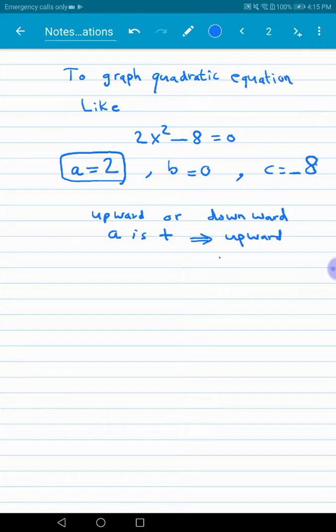So the graph will take this shape, and this is the vertex. But we need to find the graph on the xy coordinates. So first find the vertex coordinates.